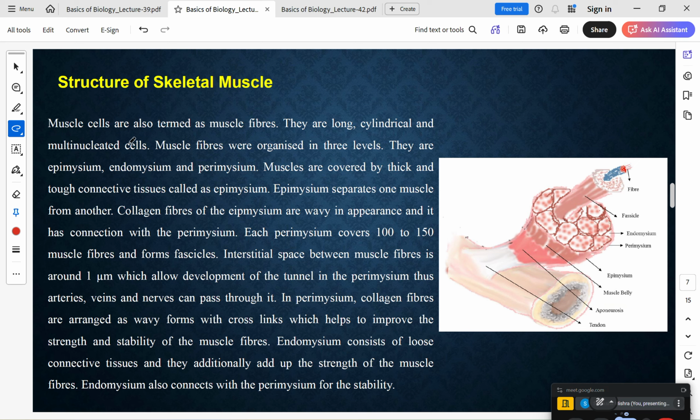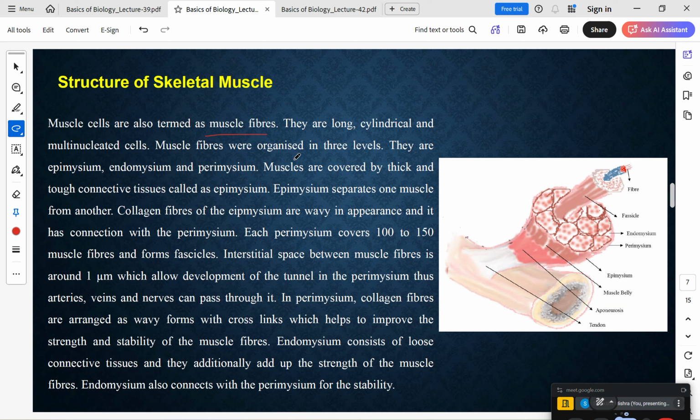The cells that make up skeletal muscles are also known as muscle fibers. They're essentially long cylindrical multinucleated cells, so they form something known as a syncytium. A syncytium forms where the cytoplasm of different cells are fused, so essentially there is one big cell which has a lot of nuclei.